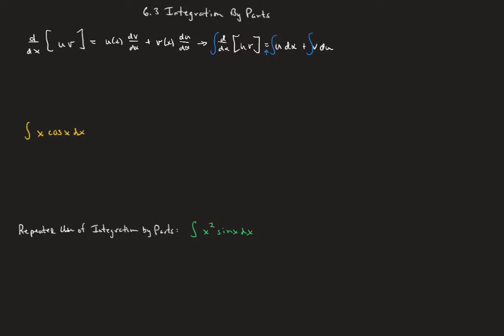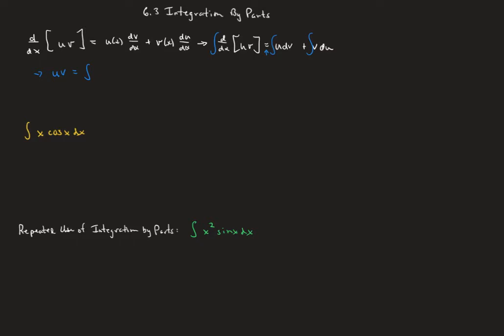And so what this leads to is that the integral of the derivative is just uv, and that is going to equal the integral of, and I don't think I wrote that one right. Let me go back. This should have been u dv. I think I said dv but wrote dx. So u dv plus v du.